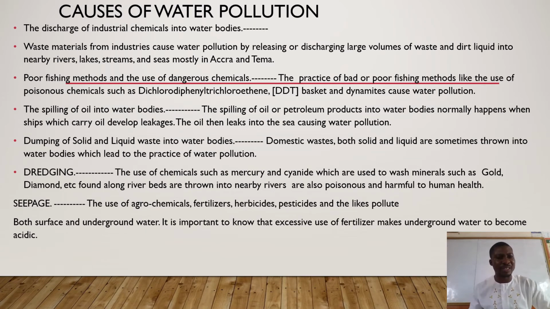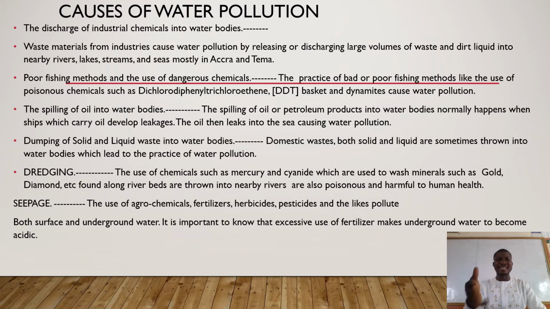Okay. The next point is the spilling of oil into water bodies. What does this mean? It means that when there is a spilling or a leakage of petroleum products into water bodies, one may ask, how can there be a leakage?